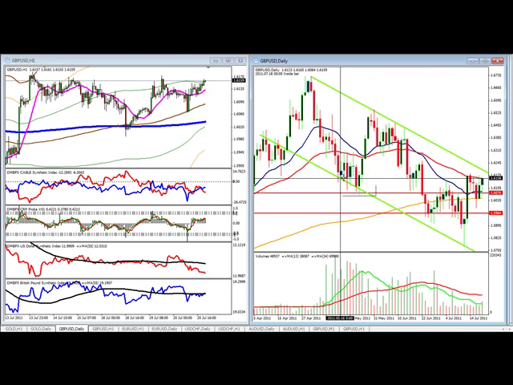It's where buyers found value, and now sellers are finding value. We pushed it down, they pushed it down, and here we are again. At this point, another day's candle is also going to bring us into this downtrend line. So there's going to be a lot of resistance above us.